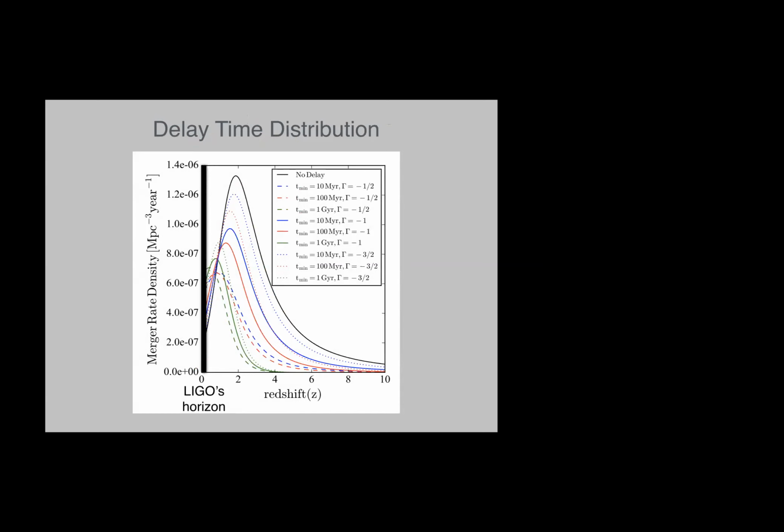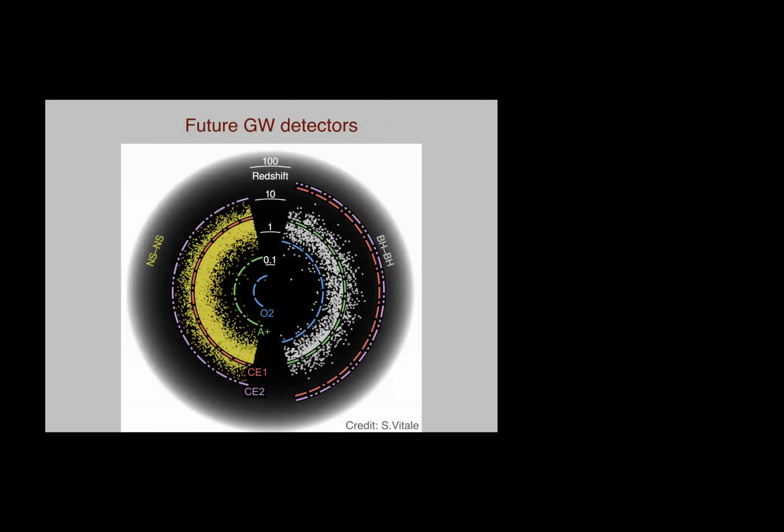So we need future detectors. In this plot, I'm showing you the reach of these future detectors. The left side of this circle is for neutron stars, and the right is for black holes. Different lines of different colors show you the reach of the gravitational wave detectors.